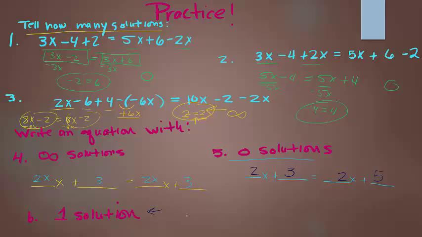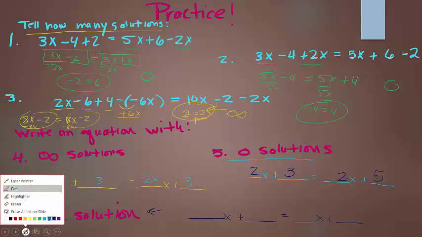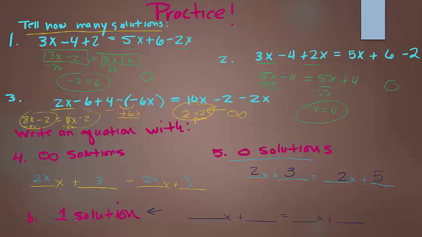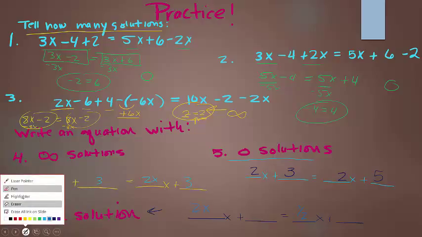And then one solution, set up my fill in the blanks. For this one solution, that means that my lines cannot be the same line, and they can't be parallel. So that means they have to have different slopes. I'll make this one have 2x, and I'll make this one have 1/2 x.